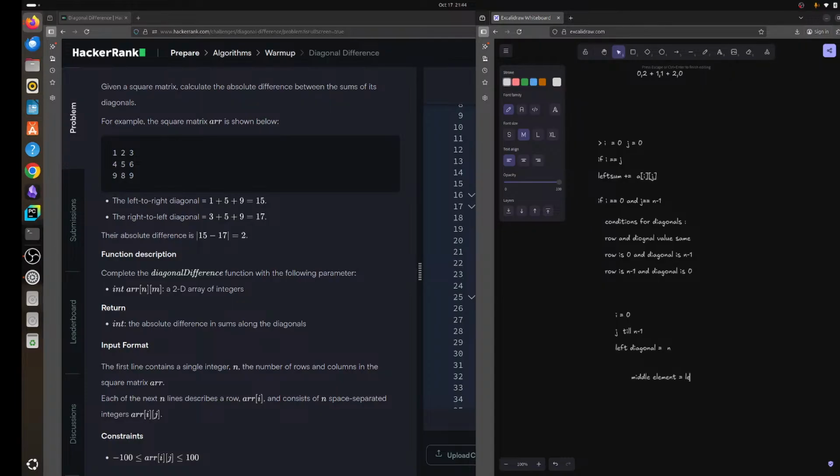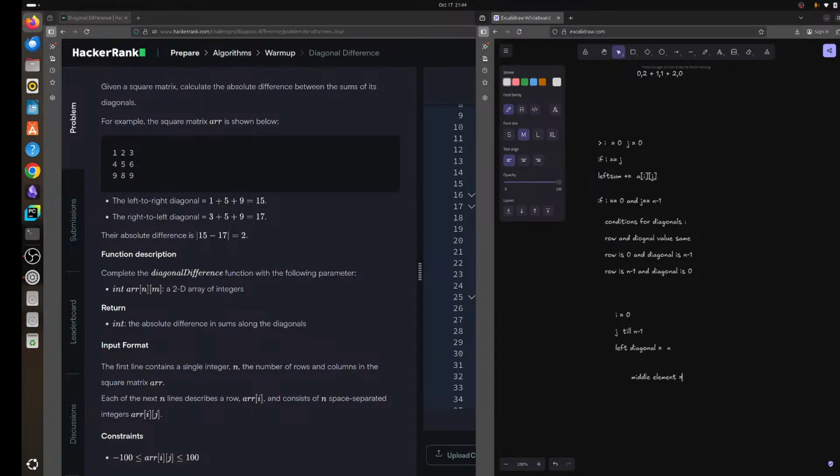Suppose the array is a 3 by 3 matrix, then 3 divided by 2 will come as 1.